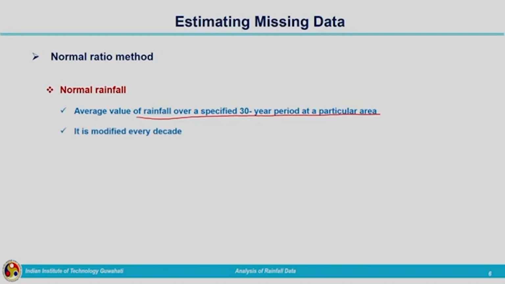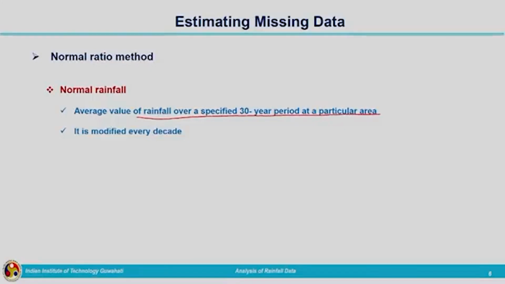And this will be modified every decade. That is, if we are collecting data from the last 100 or 120 years, from 1900 onward, we can calculate the normal rainfall for 30-year periods: 1900 to 1930, 1931 to 1960, and that way up to 1991 to 2020. So 30 years of data is considered as the normal rainfall, but it needs to be modified every decade.